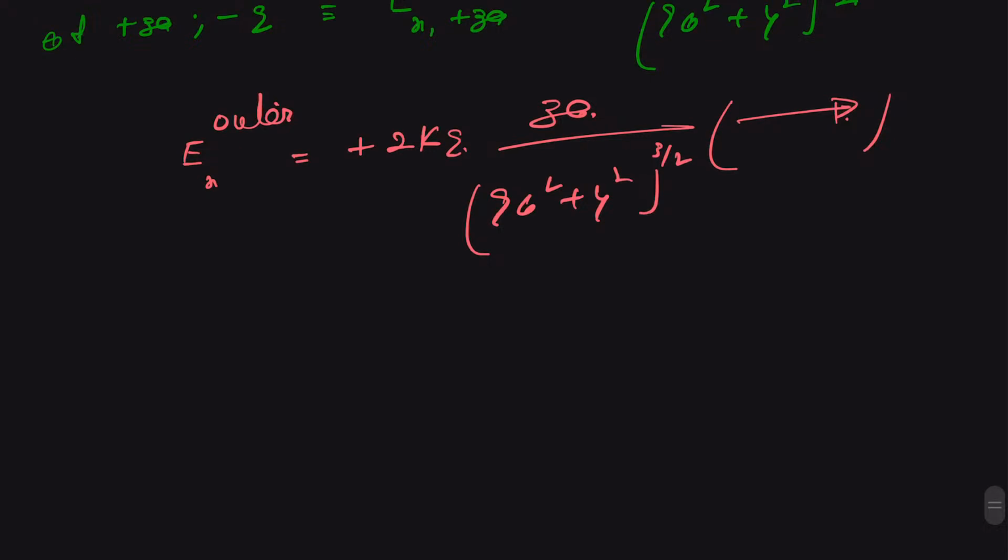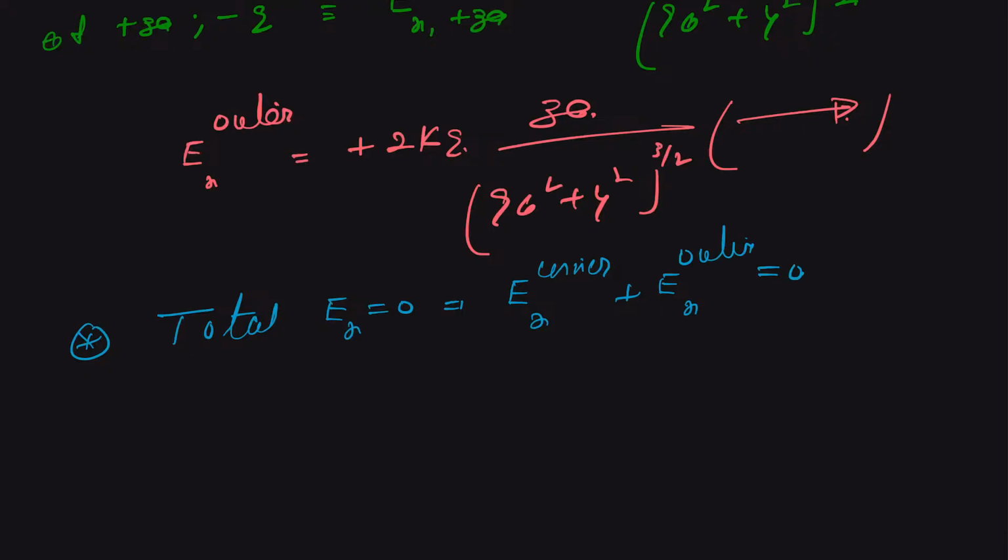Therefore, the total x component should be equal to 0. Which means the x component because of the inner plus the x component because of the outer will be equal to 0.